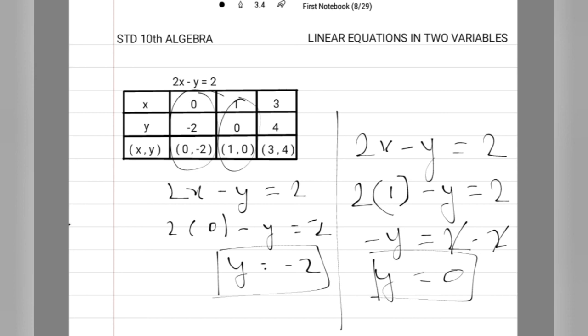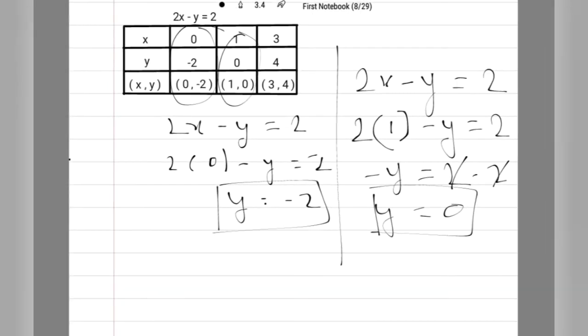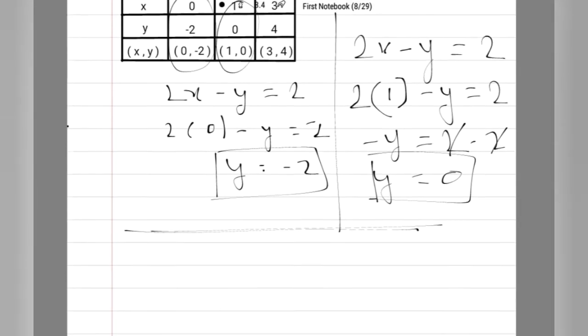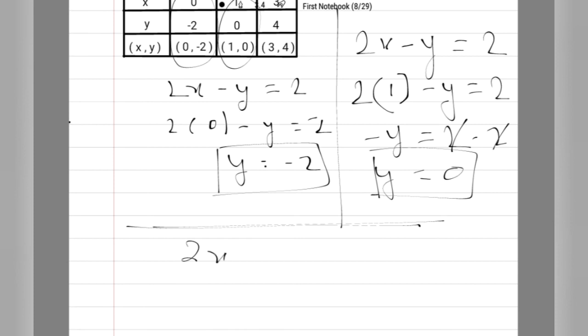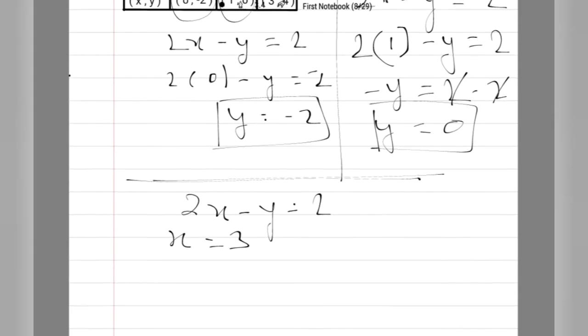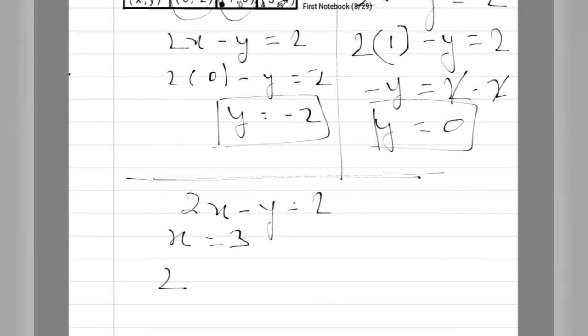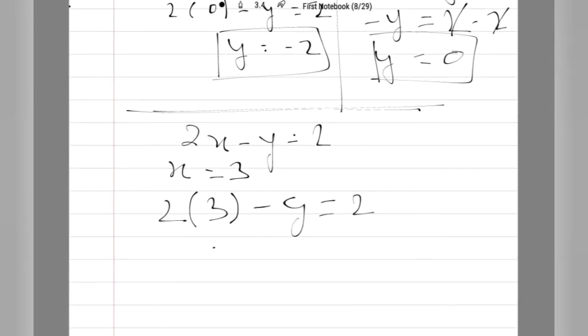Now the third coordinate is, if we consider x to be 3, so we get 2x minus y is equal to 2. So if x is equal to 3, then 2 into 3 minus y is equal to 2. 2 into 3 is 6, so 6 minus y is equal to 2.